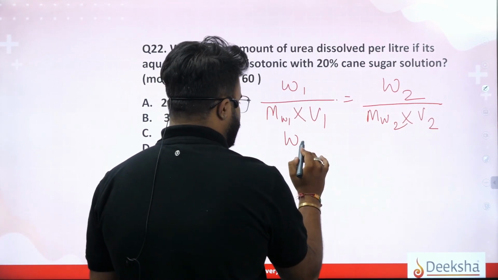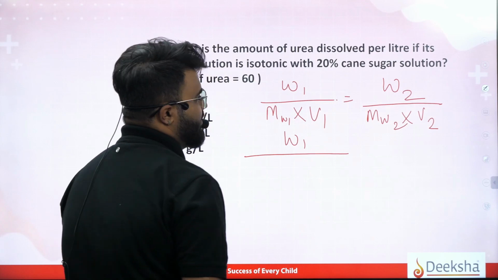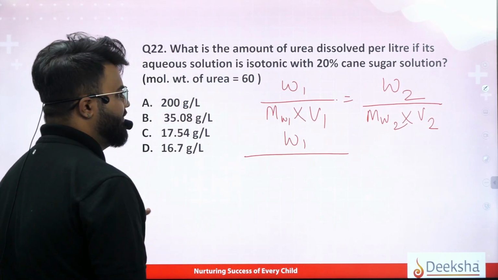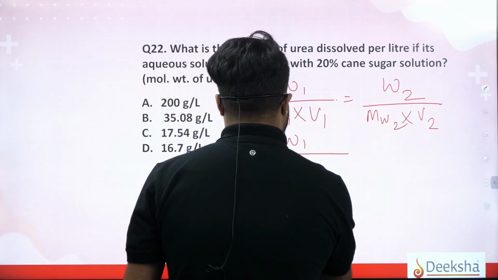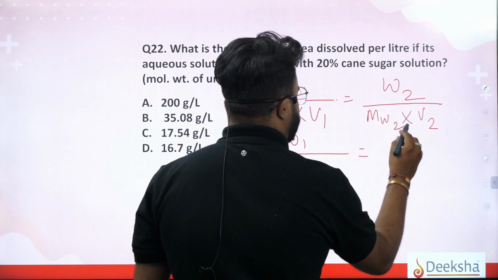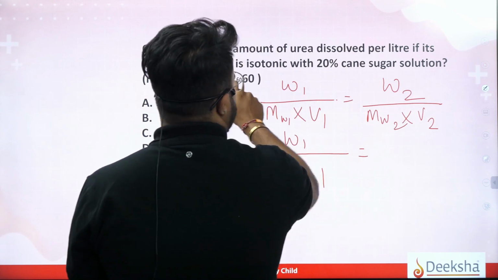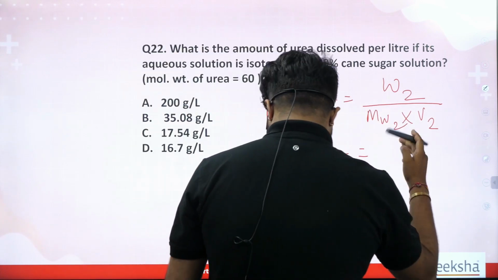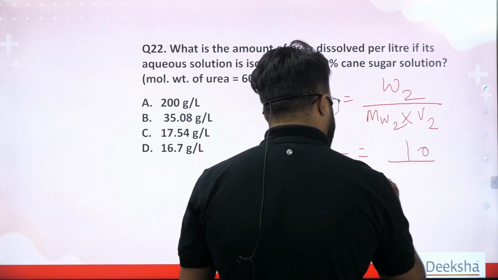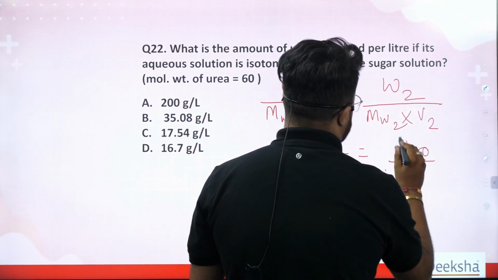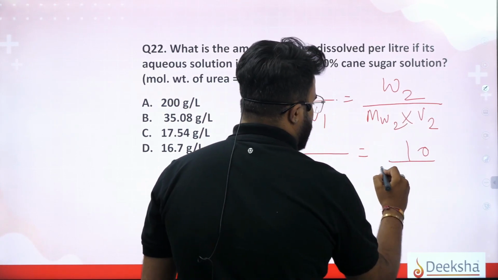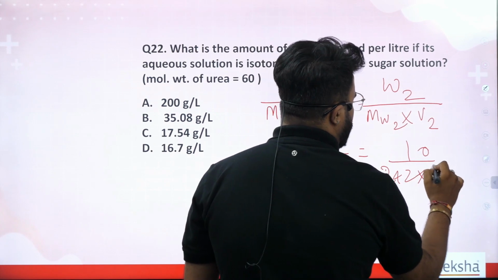We don't know W1, so we will just substitute into the formula. So it is 60 into 1 is equal to W2. What have they given? It is 1. So it is 10 into the molecular weight of this, 242, into V2.